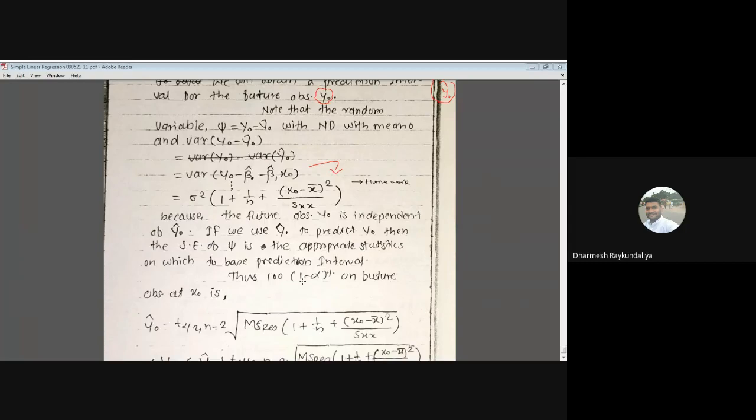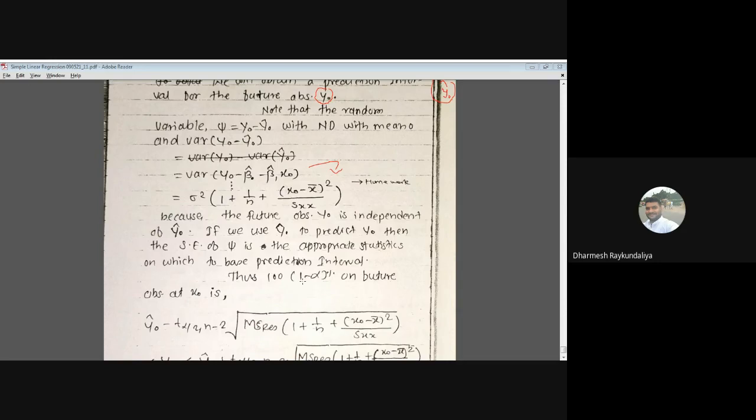What are the assumptions in a simple linear regression? First assumption is that epsilon is normally and independently distributed with mean 0 and variance sigma square. Second one is that the errors and x, that means the predictor variable x and residuals, are independently distributed.